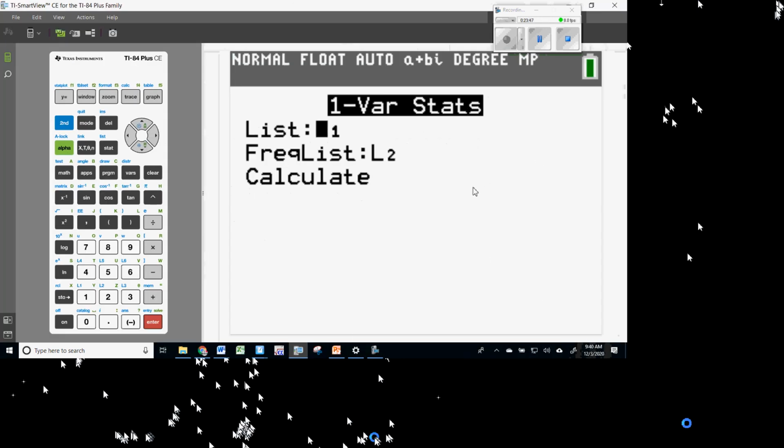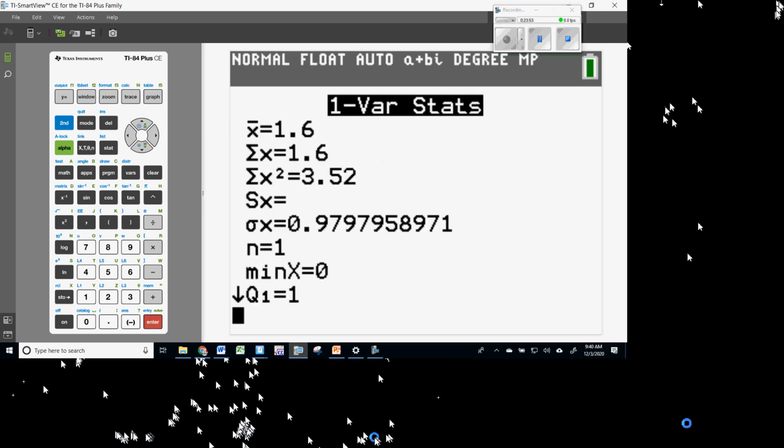You need this L2 for the frequency list. Once you do that, you hit enter, and we get our x bar to be 1.6 and 0.9798 would be our standard deviation.